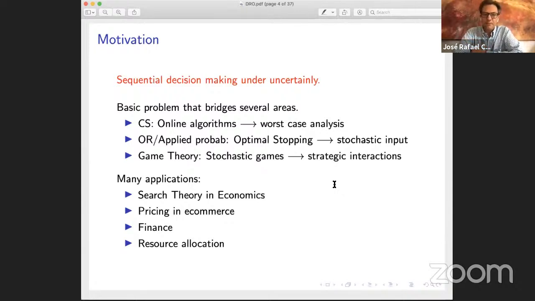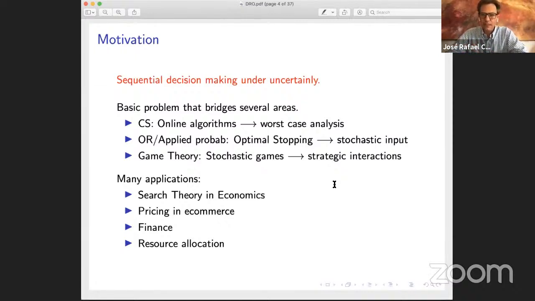And also in game theory, people have studied this since the work of Shapley, I guess, when they look at stochastic games, in which, depending on the actions you make, things happen, and then you need to make new decisions, and there are additional strategic interactions. But even stochastic games with one player are interesting, so they are studied in game theory.